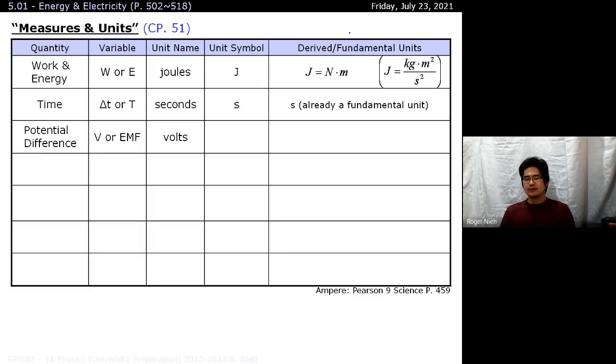You can either write down the variable capital V for voltage, or you could also write it down as EMF, but we won't be using that here. It's just that in some classes of grade 11, like the grade 11 AP, they use EMF instead of V. It would have been nice if all of them shared the same variable and unit symbol. This is the only one I can think of that shares the same one. It would have been nice if the rest of them did that as well.